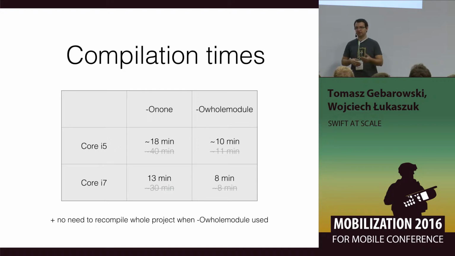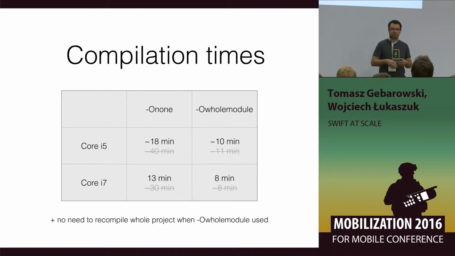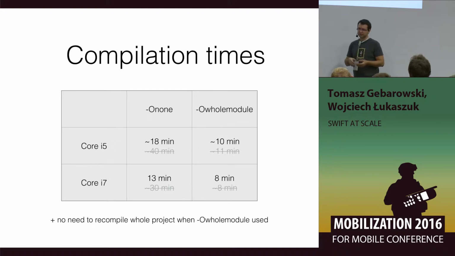Then when you are making more changes, you can leverage the incremental builds. You don't have to recompile all the frameworks. So this is something that we can accept. Incremental builds work properly. Because we are passing fewer dependencies to the compiler, we don't have this problem with long invocation of a single compilation step.